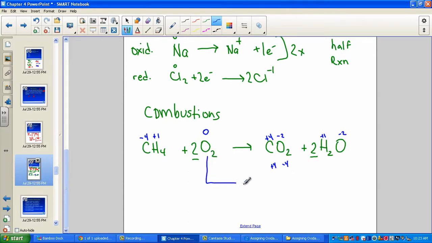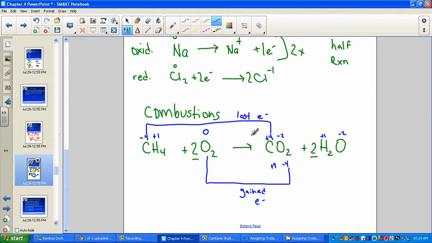Well, right away I noticed that oxygen started at a 0 and became more negative. It has gained electrons, becoming more negative by taking in more negative electrons. Carbon on the number line went from negative 4 all the way to positive 4.